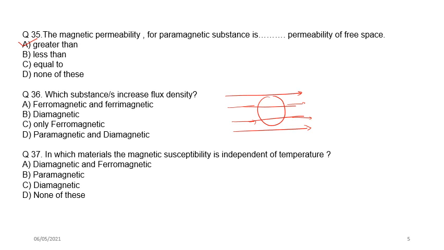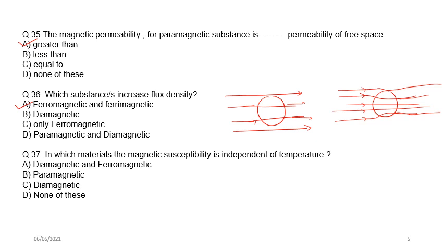So we have to choose ferromagnetic and ferrimagnetic substances, because if this is a ferromagnetic or ferrimagnetic substance, the magnetic lines of force will get attracted and pass through the material, and there is more density of magnetic lines of force passing through it. A higher number of magnetic lines of force will change their direction and go through the ferromagnetic or ferrimagnetic materials, so their flux density will increase.